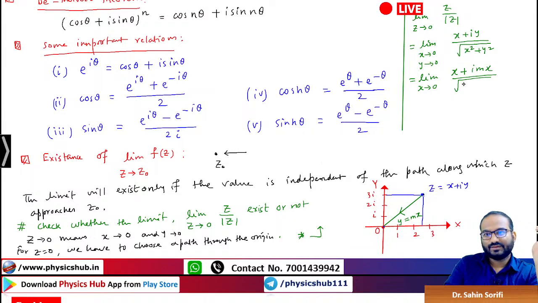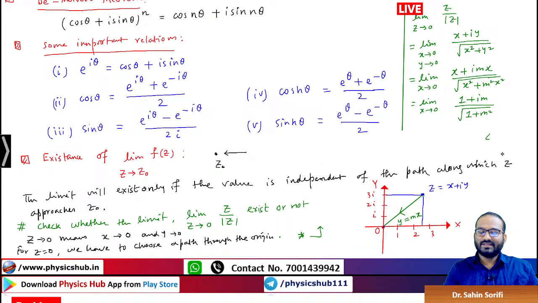So this will be x square plus m square x square. Can you write it? So from numerator and denominator, if you take x common and x cancelled, what you get is 1 plus im divided by root over 1 plus m square.